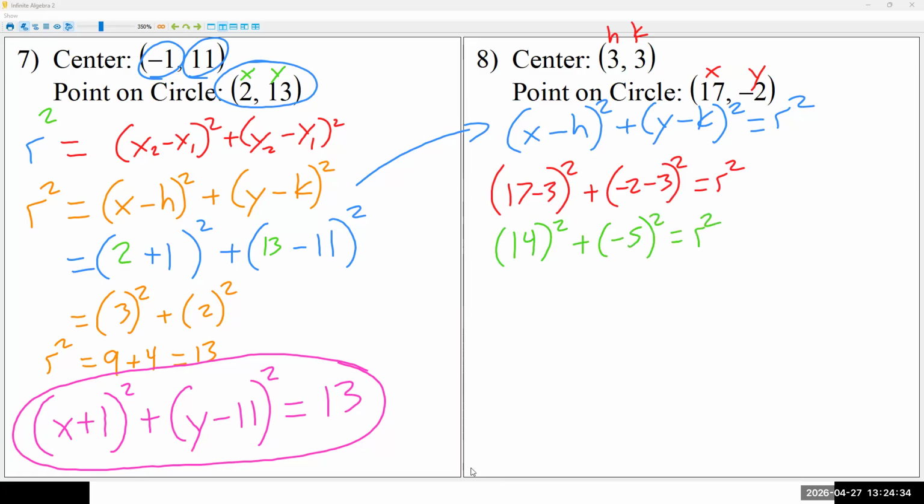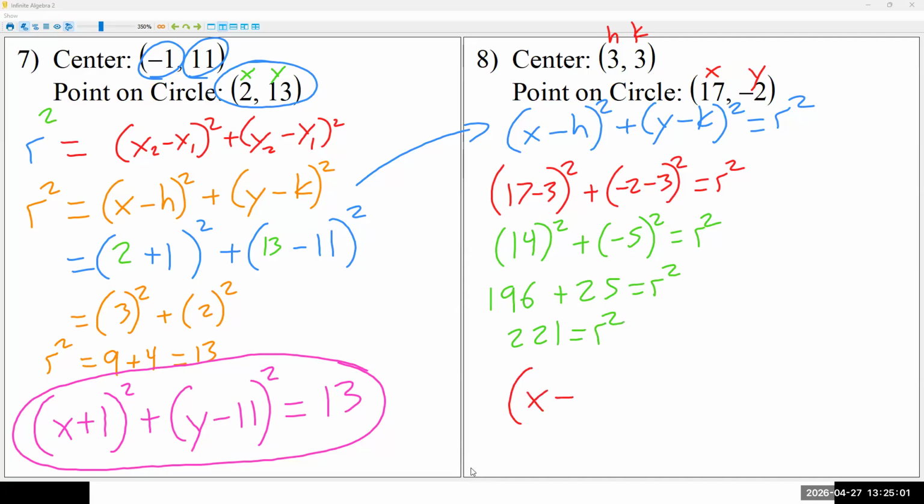R squared. And so I need to actually square those and figure out what they are. 14 squared is 196. 5 squared is 25. Add those together, 196 plus 25, 221. So now I write my final answer.